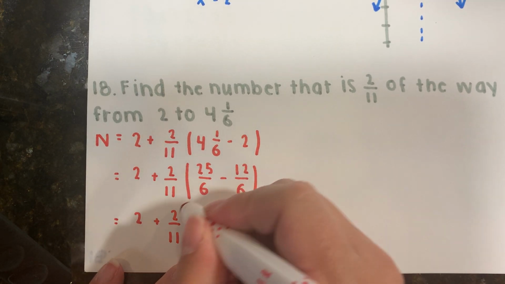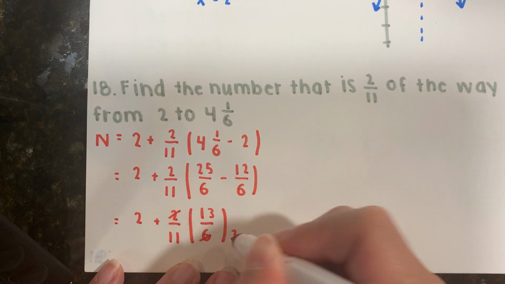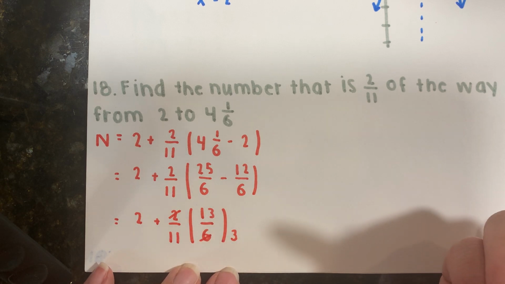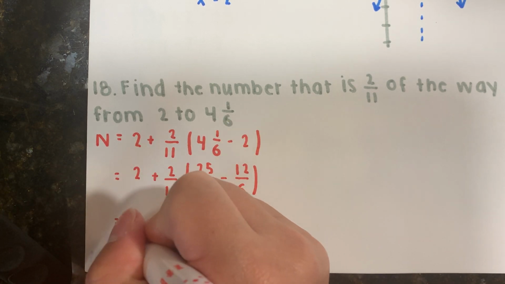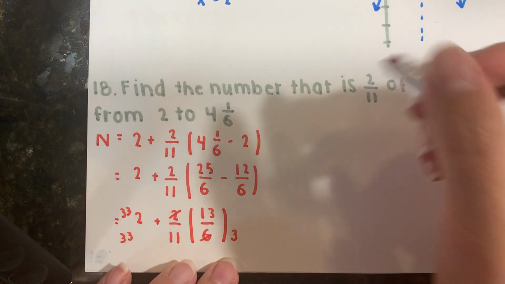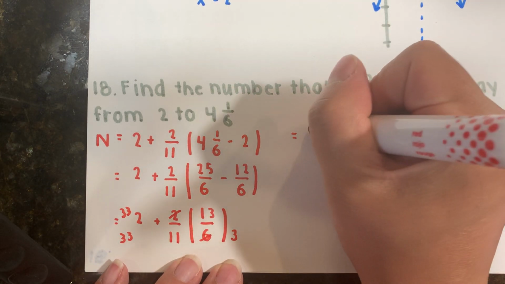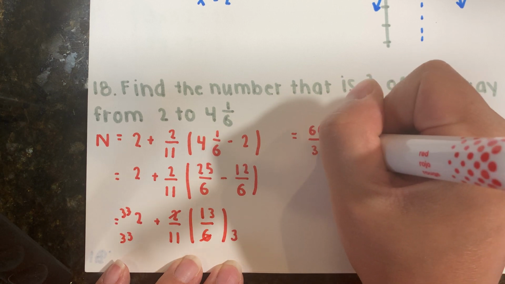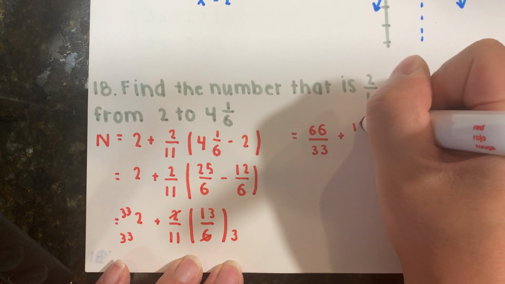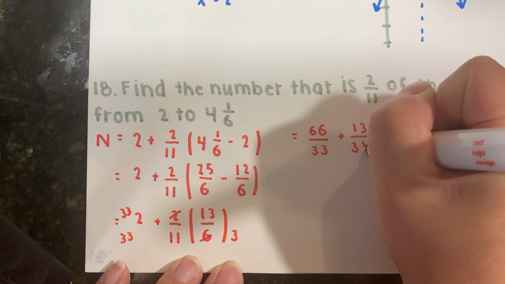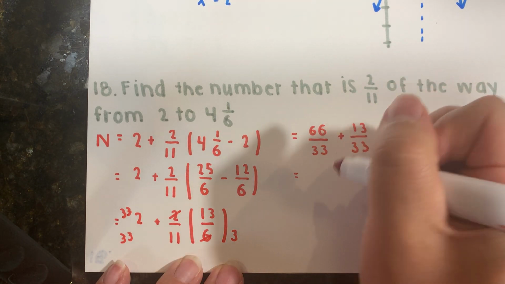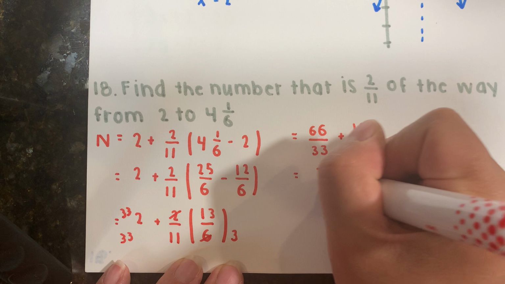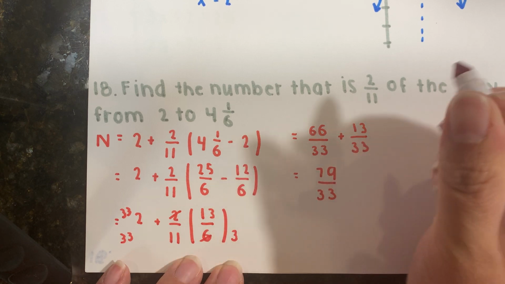But when I multiply this, 2 goes into 6 3 times, so my common denominator is going to be 33. So I'm going to multiply this by 33. That will end up giving me 66 over 33 plus 13 over 33. And that would give me a result of 79 over 33.